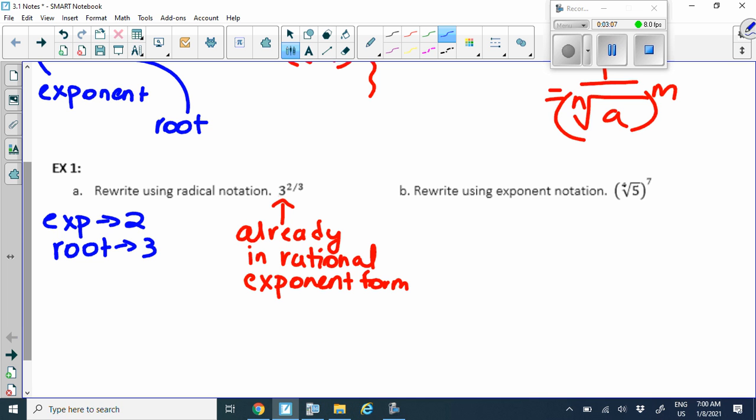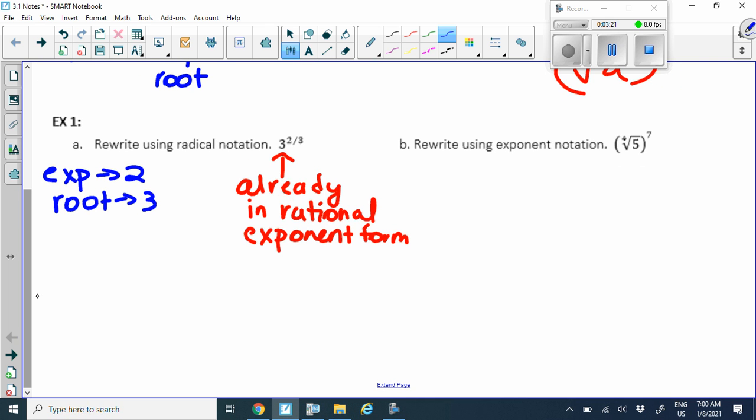Now, you might be thinking, well, how do I remember this? Well, think about roots of a tree or roots of flowers. Roots are underneath the ground. So that means our root is underneath that fraction bar. And then the 3 is representing what we call the a value, or the base.